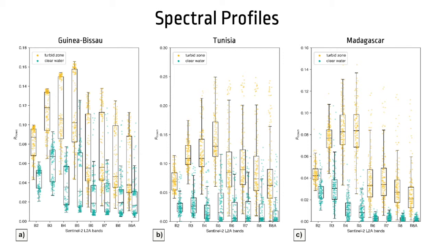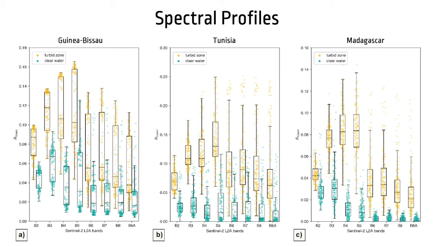On the next slide, you can see the spectral profiles of the Sentinel-2 water-leaving reflectance of the clear water and turbid zone classes. The Sentinel-2 bands shown here are the visible bands, blue, green, red, red edge, and the near-infrared band. These spectral profiles show that the turbid zone and clear water classes have distinctive pixel values.